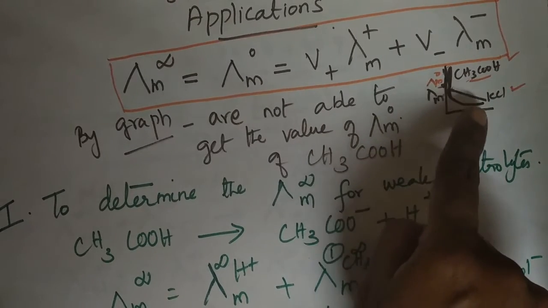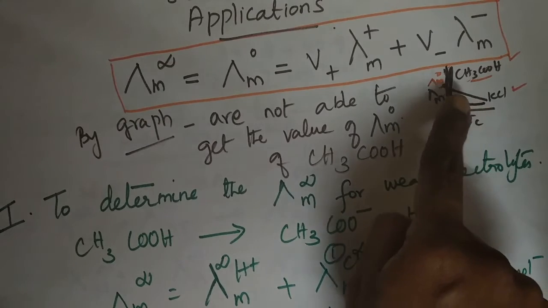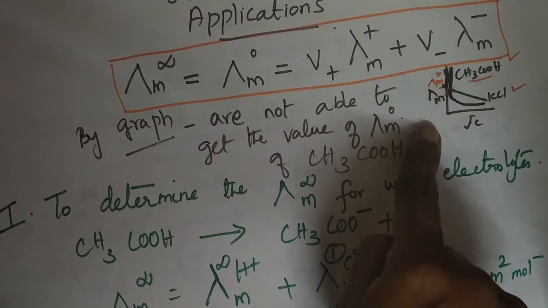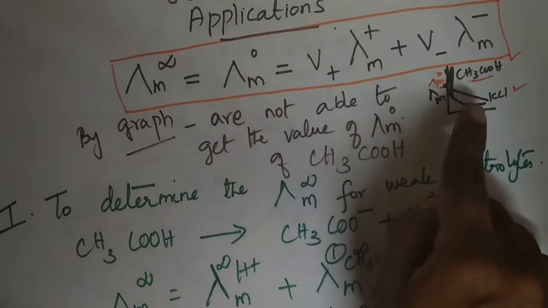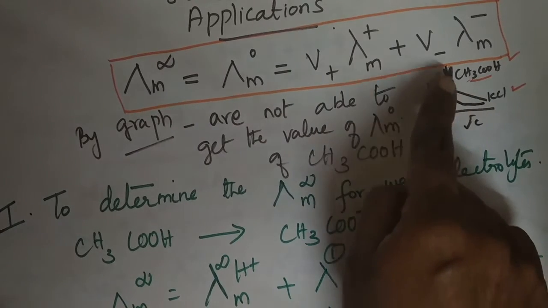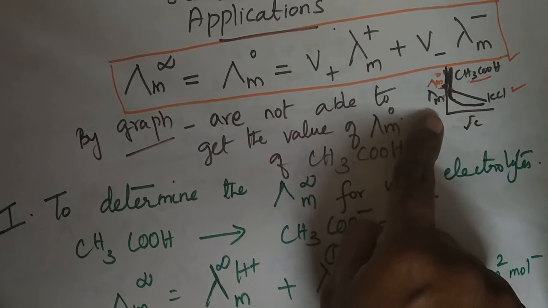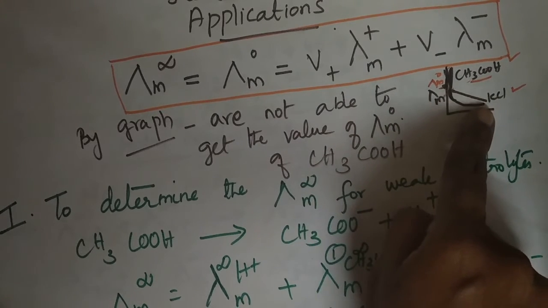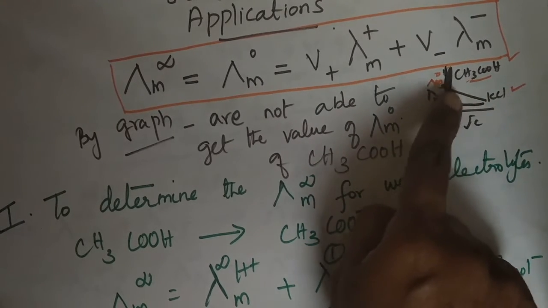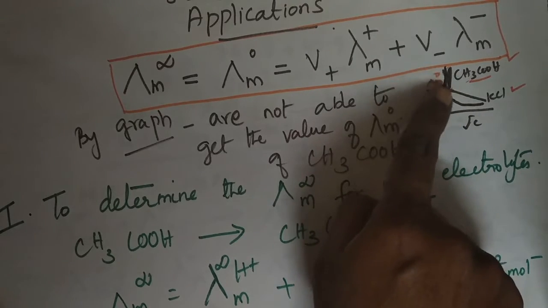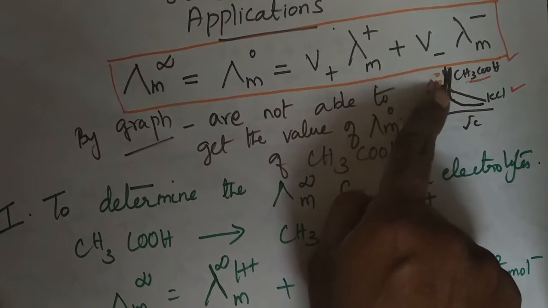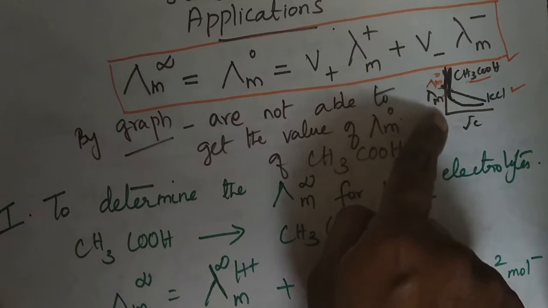A linear line means the molar conductance increases when the concentration is decreased. For acetic acid also the molar conductance increases when the concentration is decreased. But for KCl it is a straight line, which we can extend to meet the y-axis.